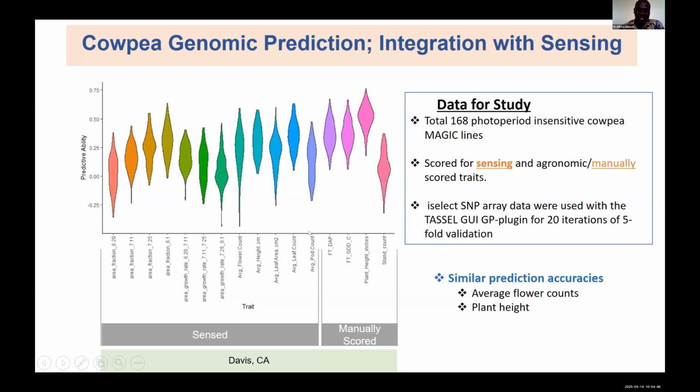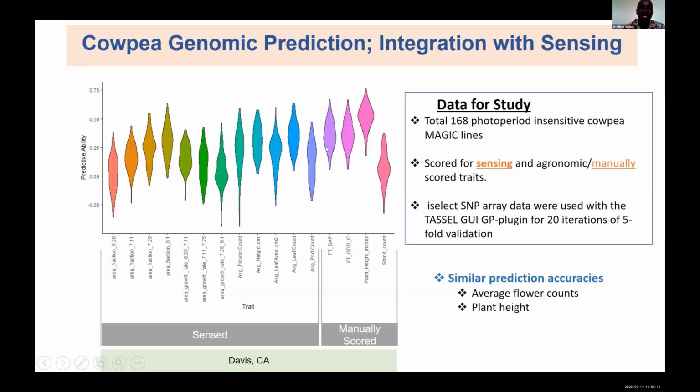Let's focus, for example, on this average flower count here. That is from the AI-generated data. I hope you can see my cursor. Then you look at the genome prediction accuracies. Compare that with this, the predictions coming from manually generated data.